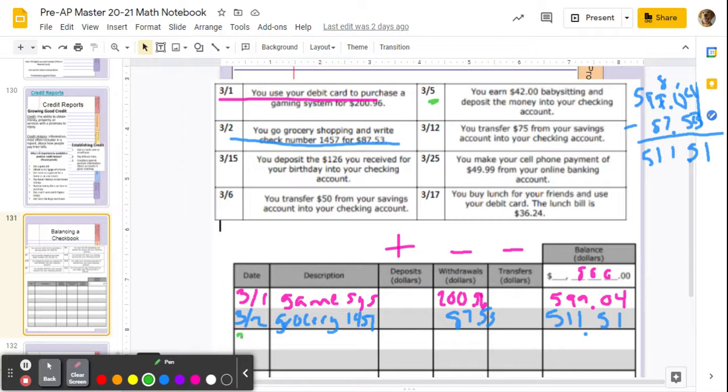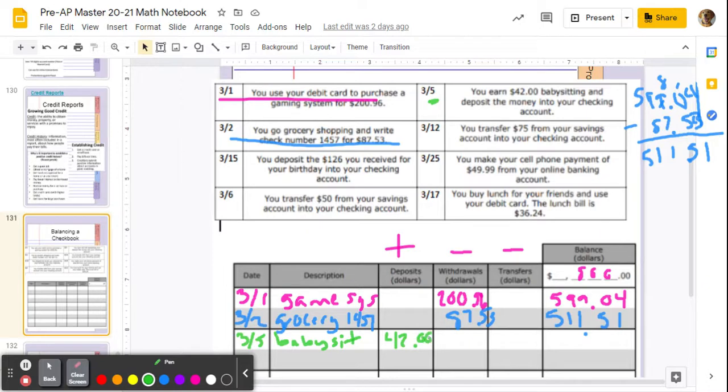So we're going to put 3-5. And we earned money babysitting. We earned $42 babysitting, and we deposited the money into our checking account. So babysitting. This time we're depositing money, so we're going to write it in the deposit column.